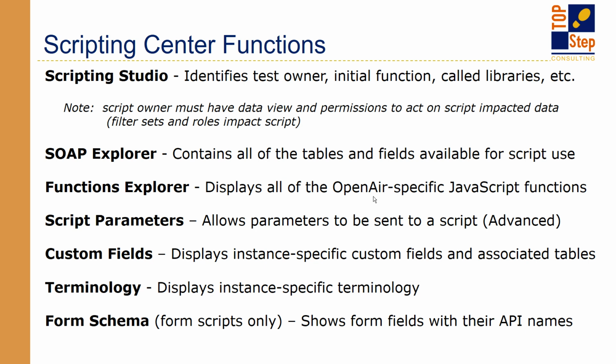The SOAP Explorer, if you're familiar with SOAP, is basically a protocol for building web service requests. What this does in OpenAir is show you all of the tables that you can manipulate and all of the fields in each table. This is extraordinarily handy.